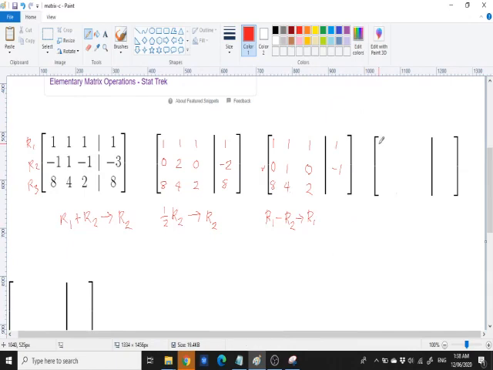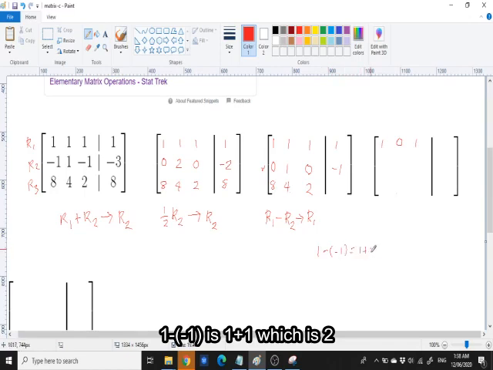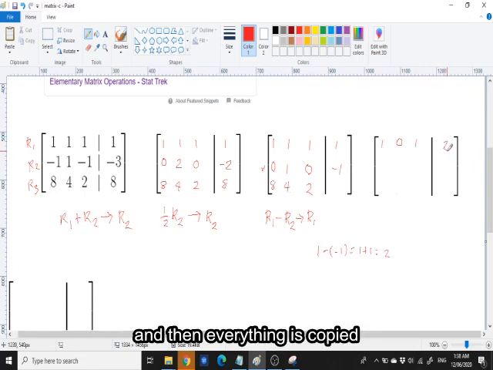Okay, so 1 minus 0 is 1, 1 minus 1 is 0, and then 1 minus 0 is 1. 1 minus negative 1 is 1 plus 1, which is 2. Okay, so 2. Then everything else is copied.